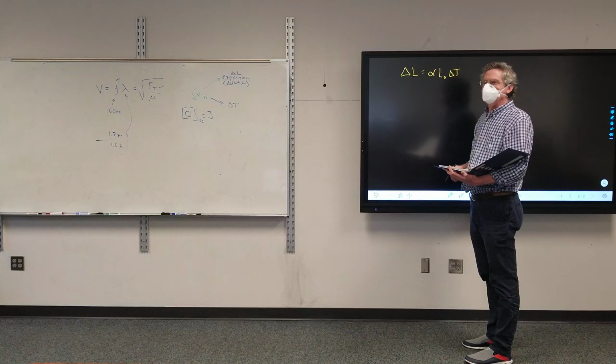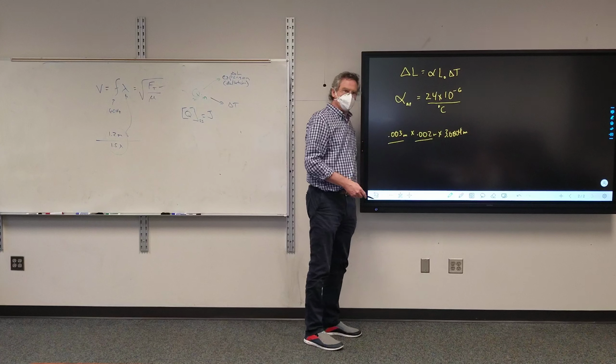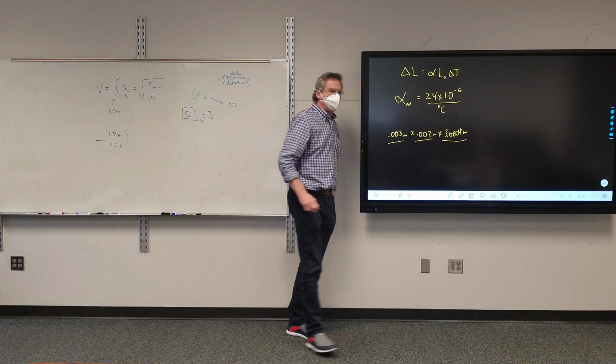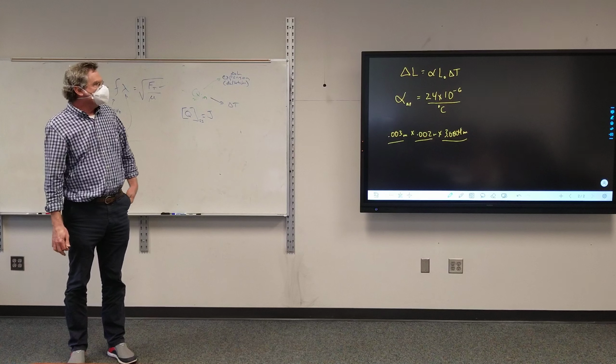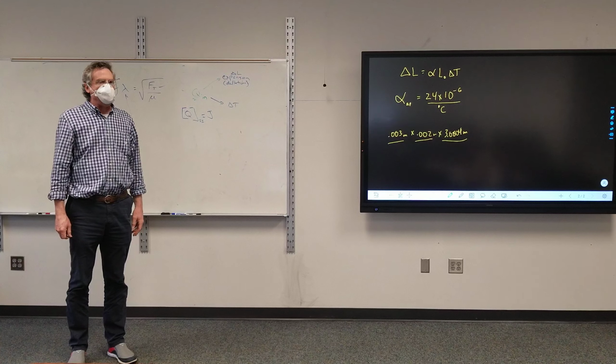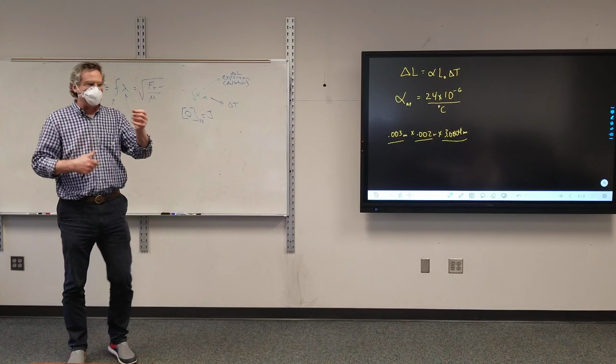The reason why these are so small is I wanted these to be really small in comparison to the length of it, so we could pretend it's a one-dimensional object. In reality, all 3 dimensions will expand, but we only really care about one of them.